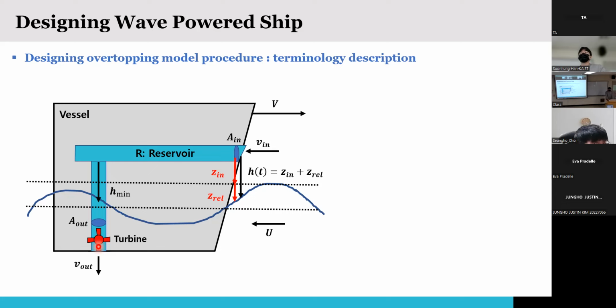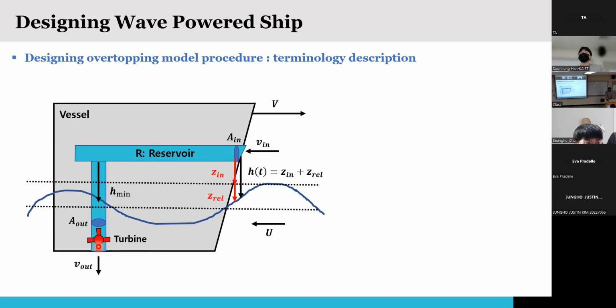The third one is the power balance between power generation and power consumption by the ship, or the requirement. I expect you cannot meet the requirement by the wave energy or overtopping energy, because it's too small a power production.